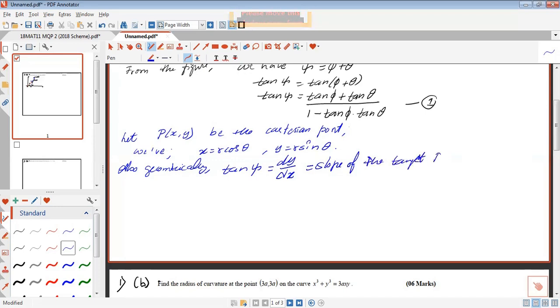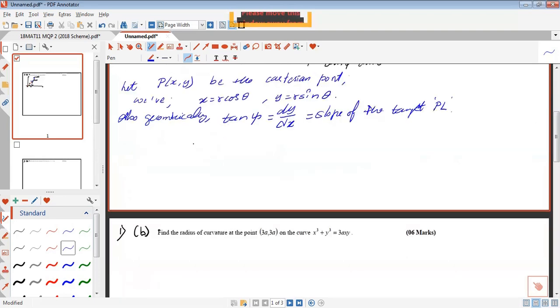The slope of this tangent is nothing but dy by dx, which is also tan of xi. Now that tan xi is equal to dy by dx can be written as dy by d theta divided by dx by d theta.